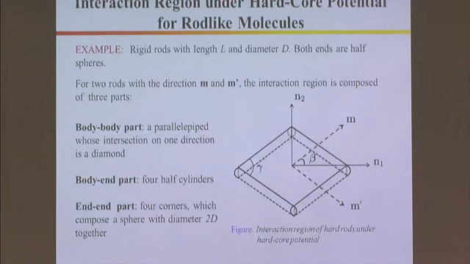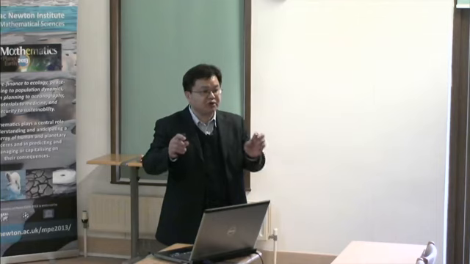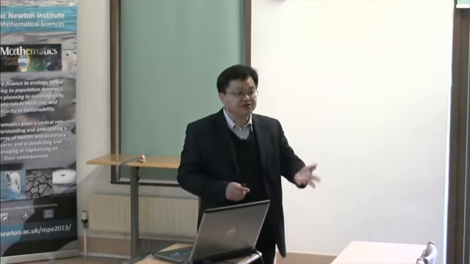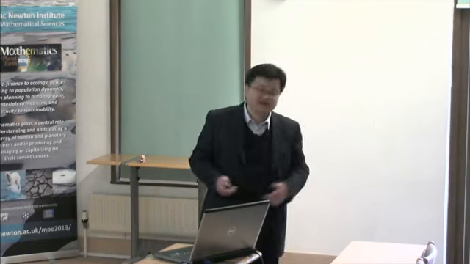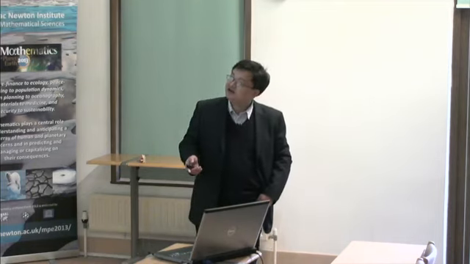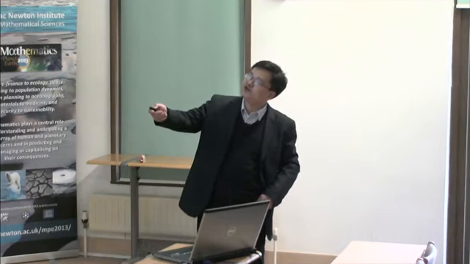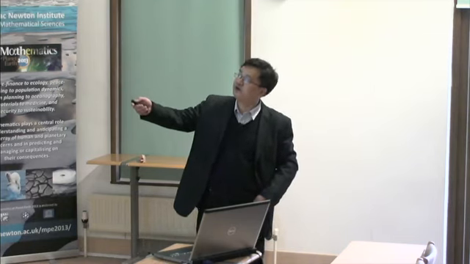Actually, because for the hardcore, the interaction is a characteristic function, it means the function is equal to 0 or 1. So only the region is important. Here is the region. Now you can get the volume of the interaction region. Exactly, you can get this formula.